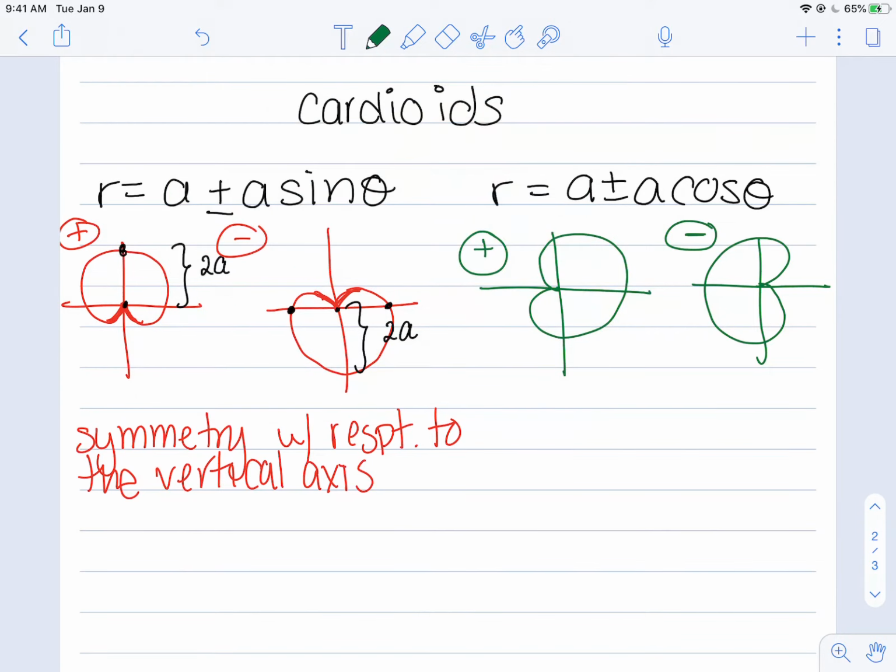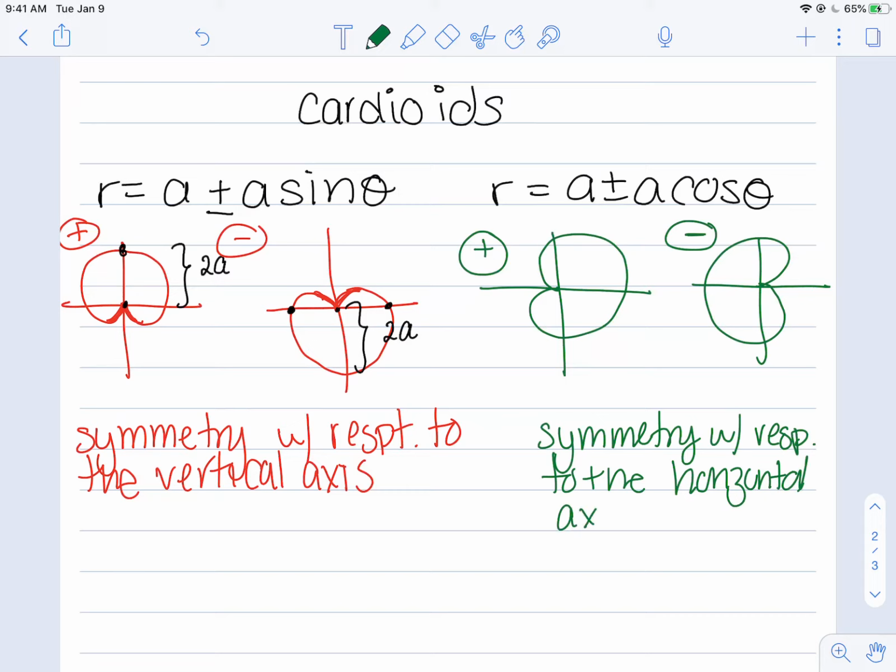So if it's a cosine, you're going to have symmetry with respect to the horizontal axis. Okay, so this is the general shape of the cardioids.